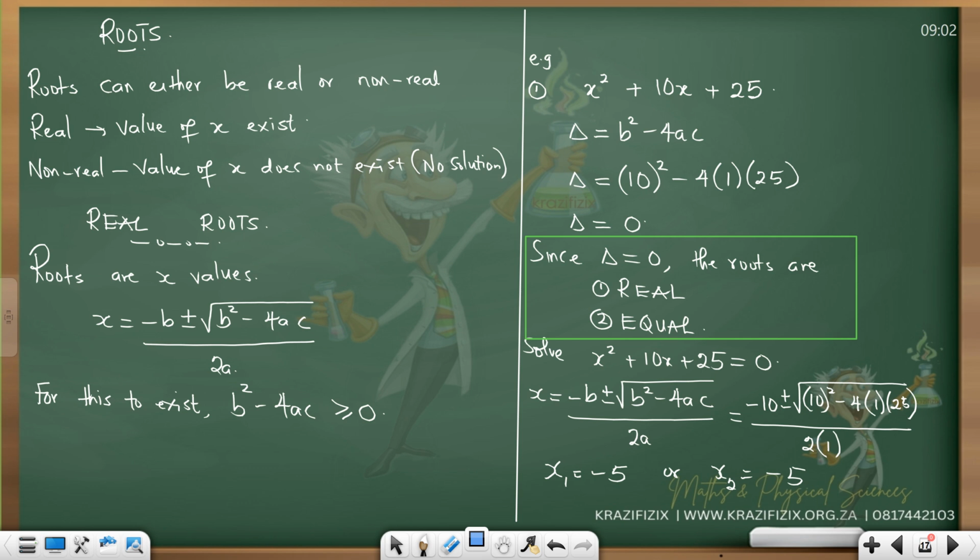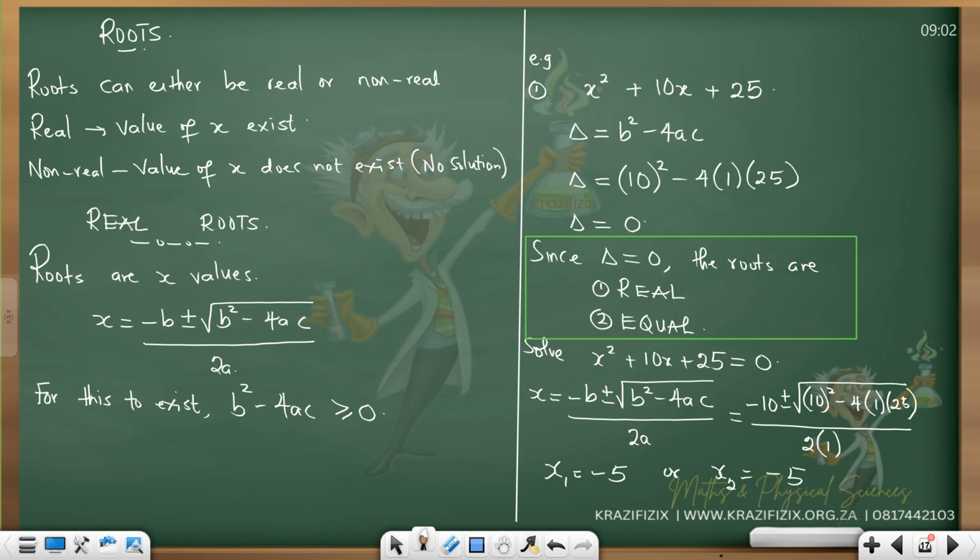When you were solving for delta, when you said 10 squared minus 4 multiplied by 1 multiplied by 25, it gave me minus 4 instead of 0.